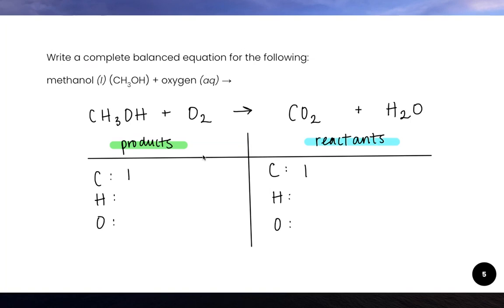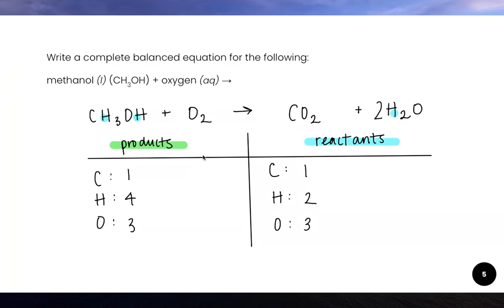Hydrogen has 4 and 2. And oxygen has 3 and 3. So it's almost balanced to start with, but these ones can get kind of tricky.